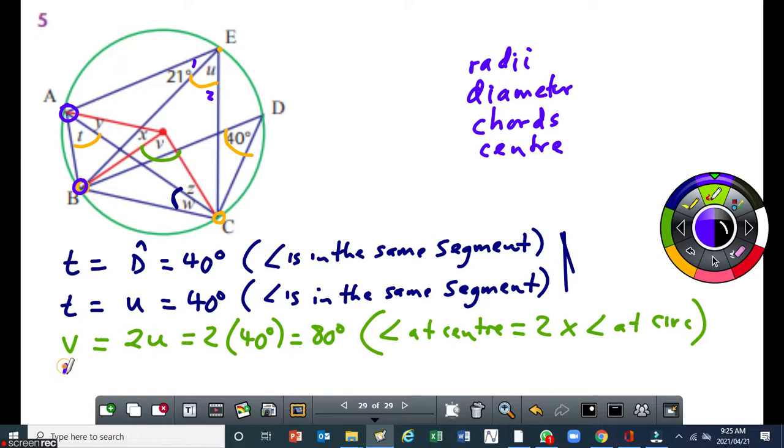So I'll write it as AEB is equal to 21 degrees. My reason, theorem 4, angles in the same segment.